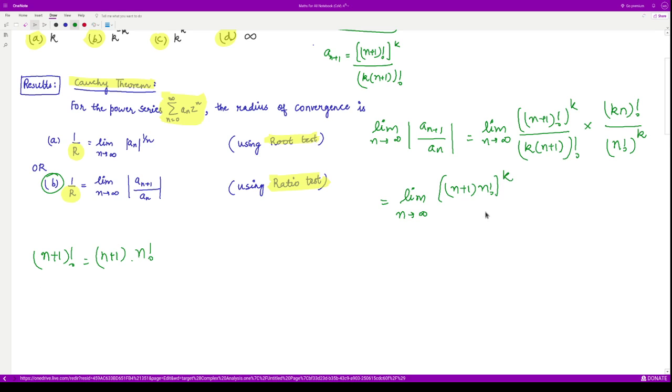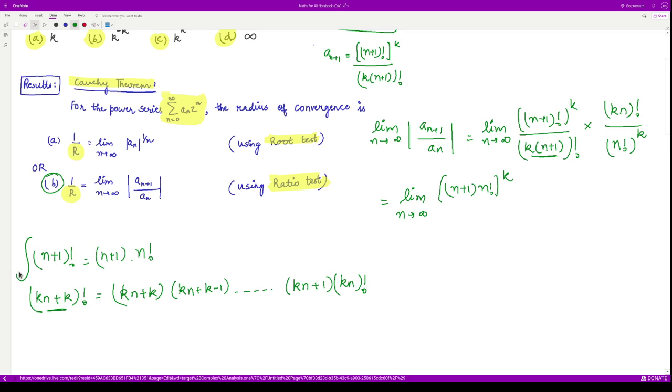Similarly, here we have kn plus k factorial, and you can write this term to be kn plus k into kn plus k minus 1 and up to kn plus 1 into kn factorial, right? No problem in doing this also.